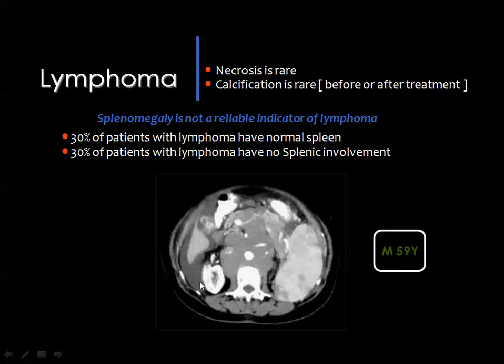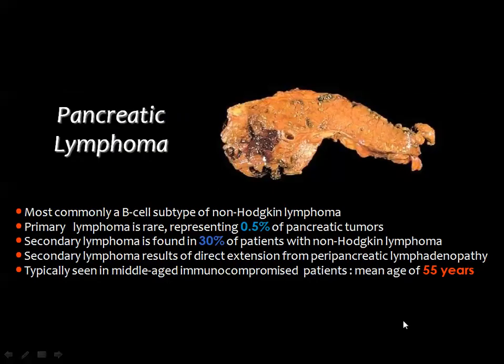And it's worth knowing that 30% of patients with lymphoma have a normal spleen, and 30% of patients with lymphoma have no splenic involvement.